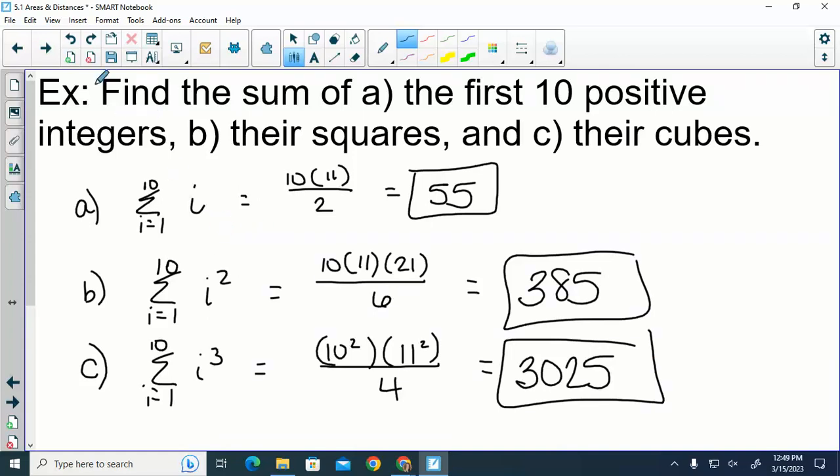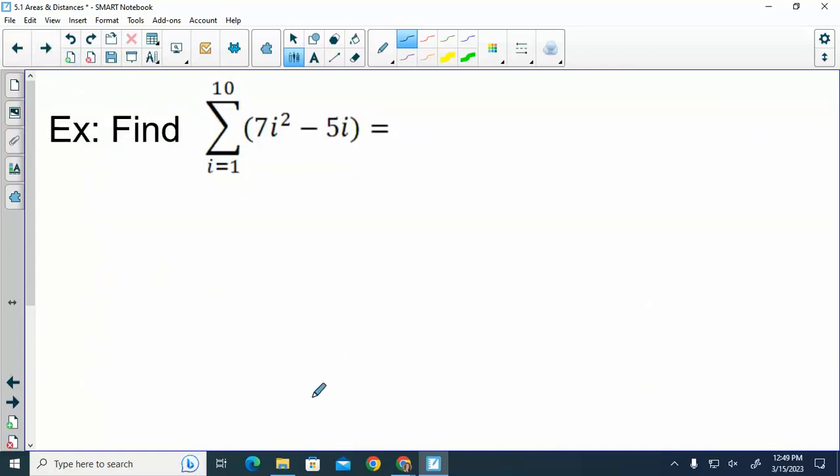Okay, so let's try to extend this. If I want the sum from 1 to 10 of 7i squared minus 5i, we have to use our properties. I told you with the summation, we can add up each term separately.